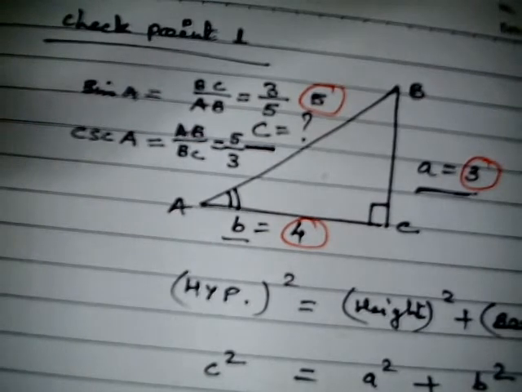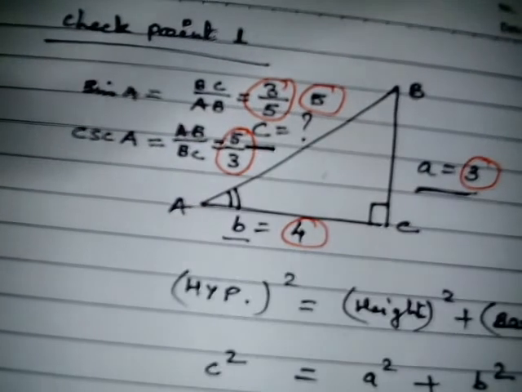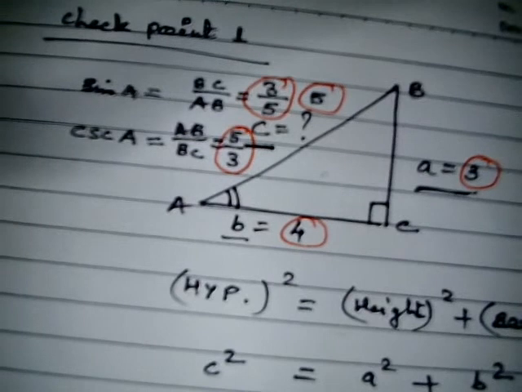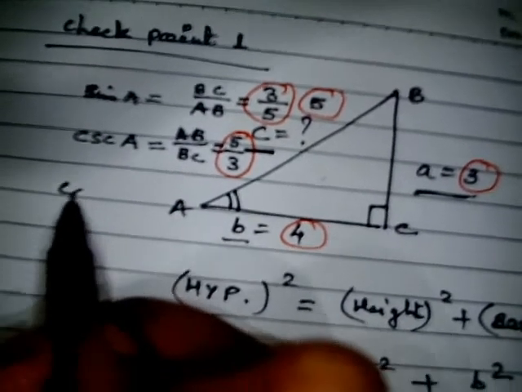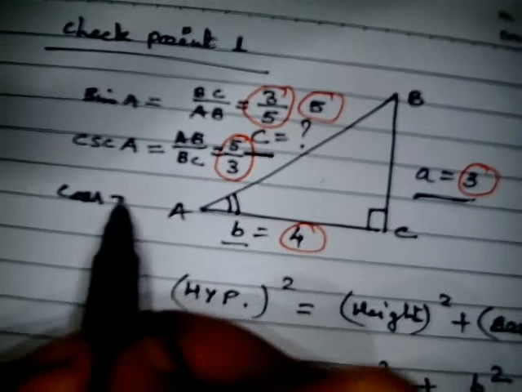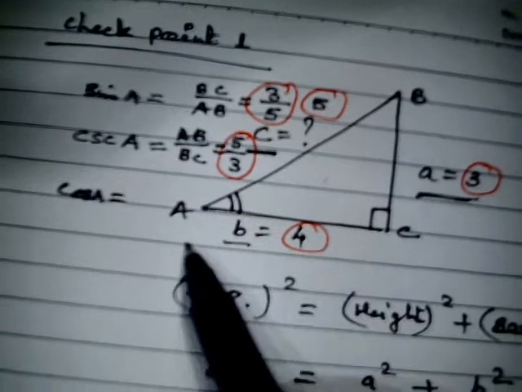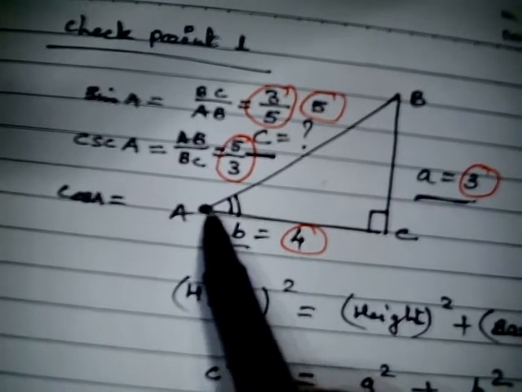Now I am going to calculate cos and sec, because cos and sec are related. So cos A, cos is adjacent upon hypotenuse. What is adjacent over here? If you are calculating for angle A, adjacent is AC. AC upon hypotenuse AB.